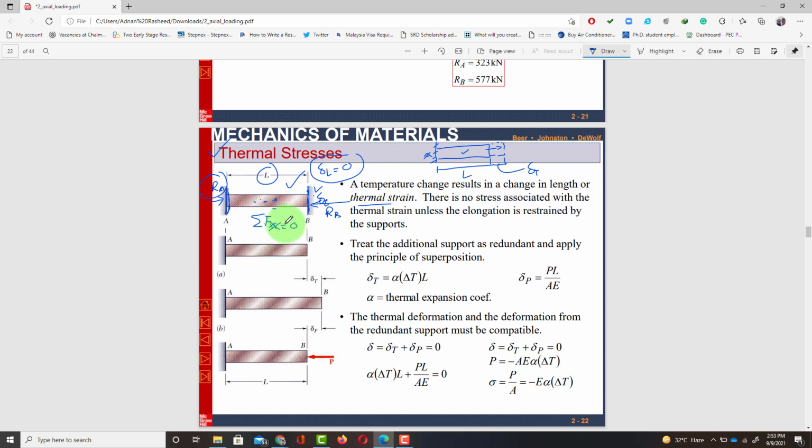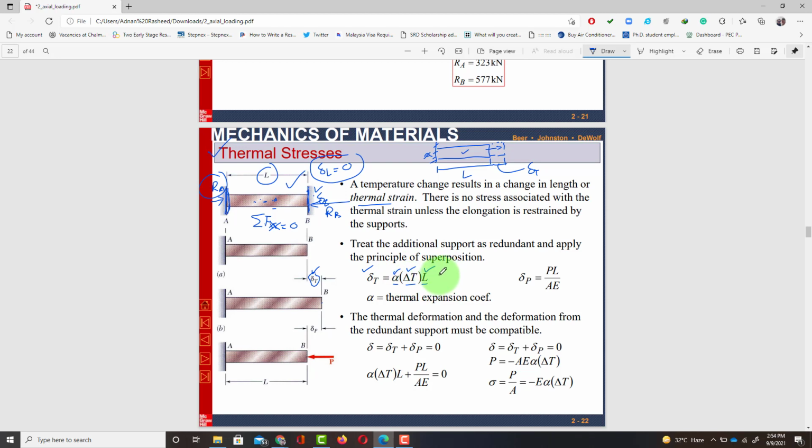So due to temperature change, it will tend to elongate and come to a new position, where the change in length is delta T. Now you have studied this in your matric or FSc that due to change in temperature, the deformation is delta T equal to alpha delta T into L. Clear? So this alpha is known as the coefficient of thermal expansion, L is the original length, and delta T is the change in temperature.